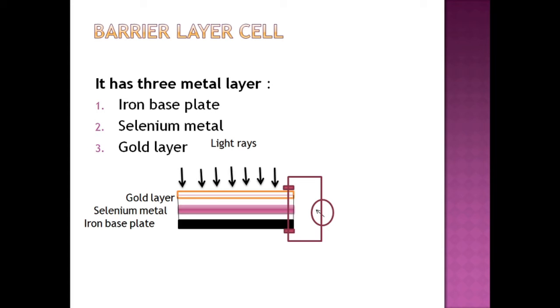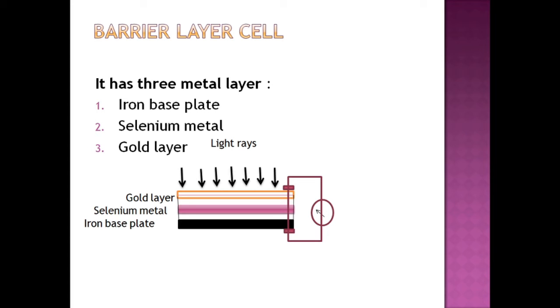This is the simple instrumentation and working of the barrier layer cell. Always remember, the barrier layer cell does not require a power supply, but it gives out a current which is directly proportional to the incident light.